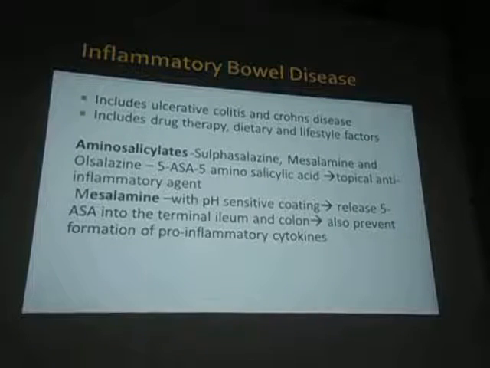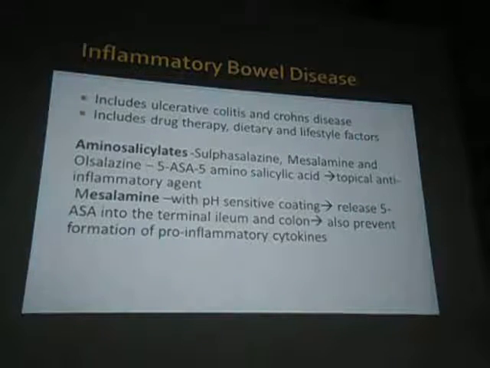So among amino salicylates we are using sulfasalazine, mesalamine and olsalazine. What are these drugs doing? All of these are releasing 5-ASA, that is 5-amino salicylic acid, and it acts as a topical anti-inflammatory agent. This amino salicylic acid also has some beneficial effects by preventing the formation of pro-inflammatory cytokines.